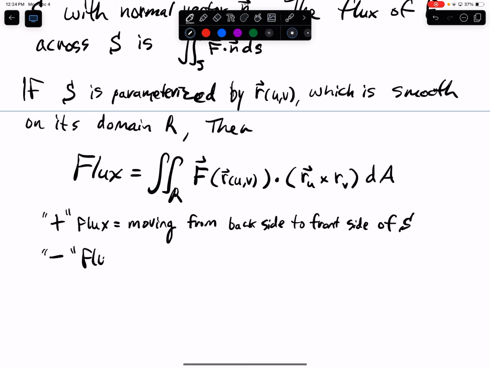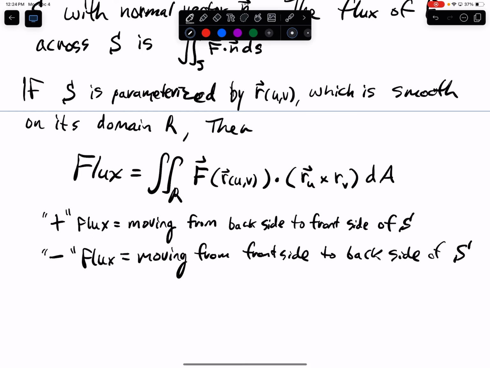Negative flux means we're moving from the front side to the back side of the surface S. Okay?